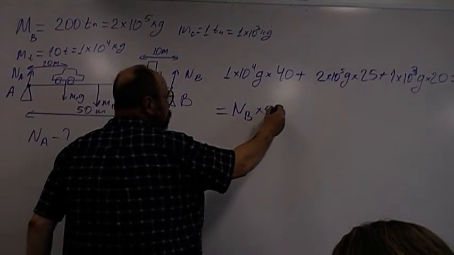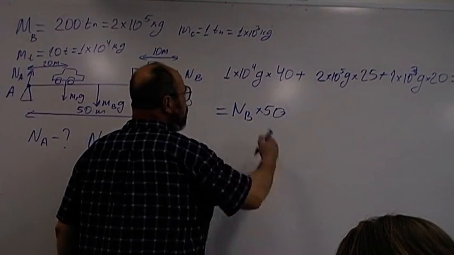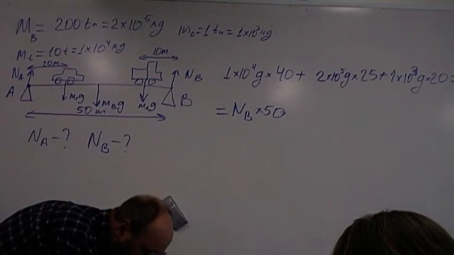From here we just need to do some arithmetic. Let's take G as 10 for simplicity's sake.